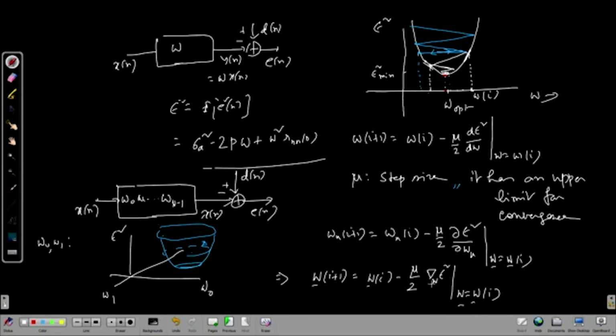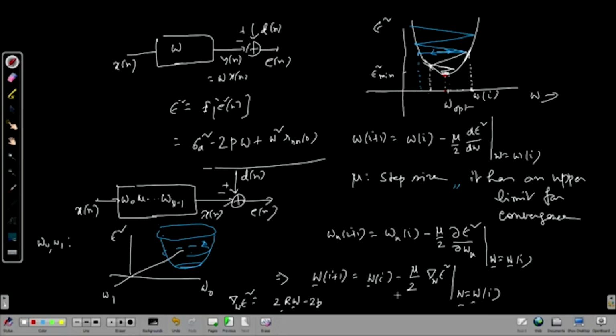This derivative we have already found out in the previous class. What was it? Del W epsilon square was equal to twice RW minus twice P, if I recall correctly. You can check, this is what we derived.